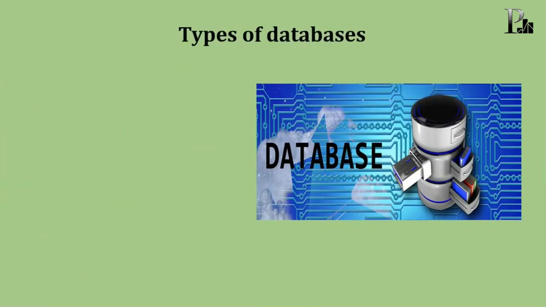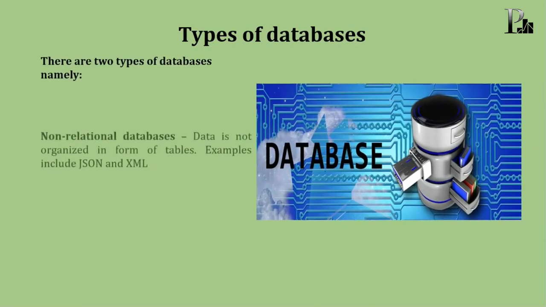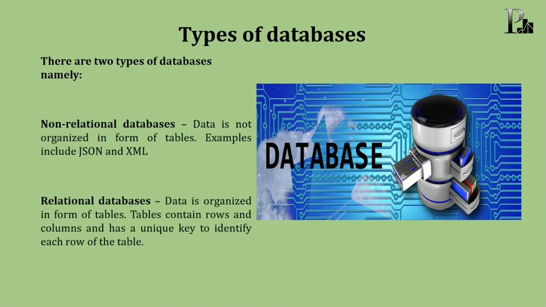So now we don know wetin database be and database management system, make we now look at the types of databases wey we have. So there are two types of databases, and those databases na the relational database and the non-relational database. So make we take am one by one.